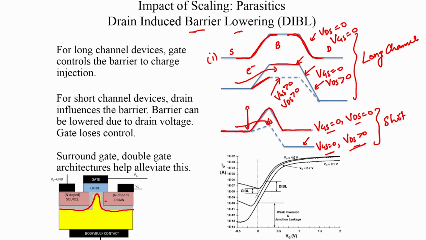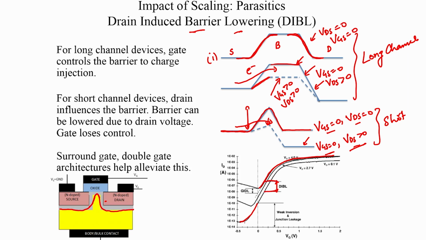It can lead to leakage because if you look at the IV characteristics, here is an IV characteristic for a very low VDS, and the moment VDS is increased to something quite significant, to a larger value, you find that there is significant change in the currents.